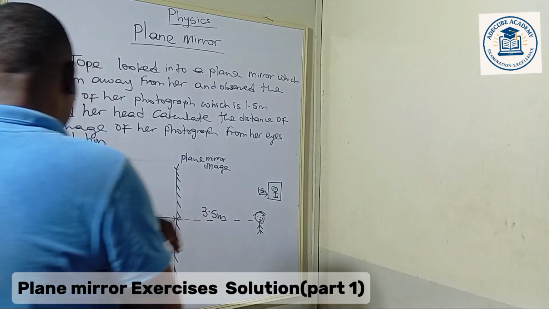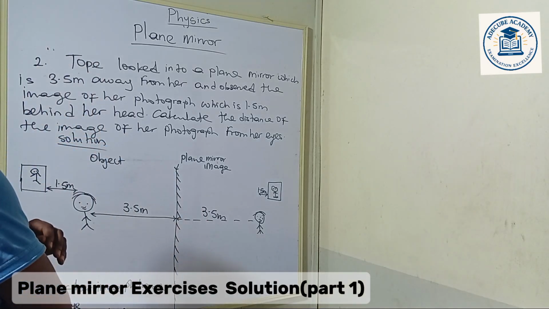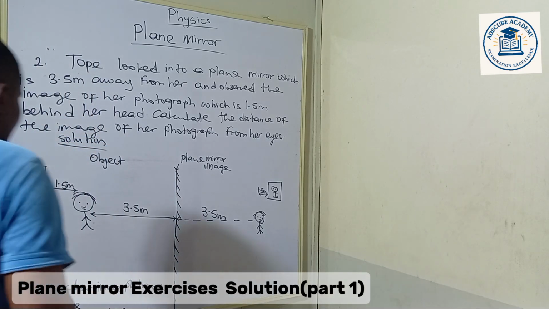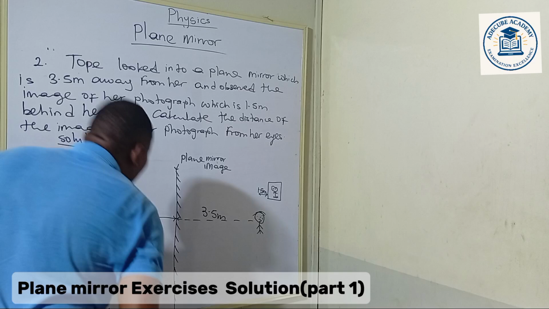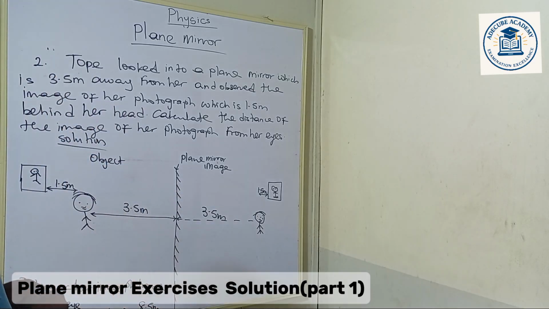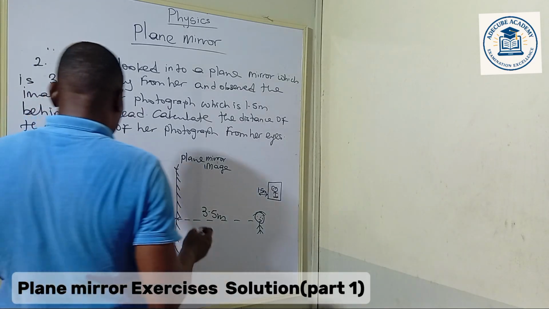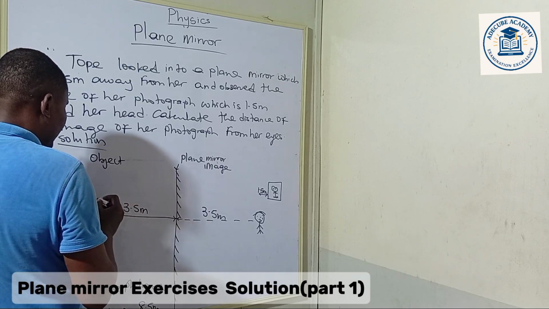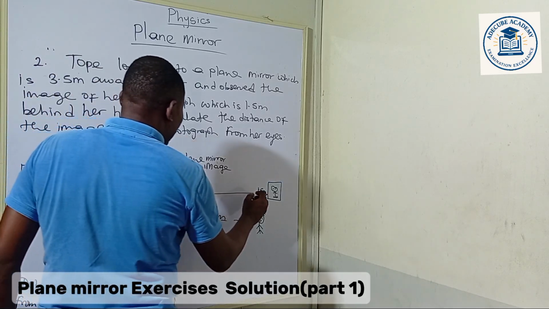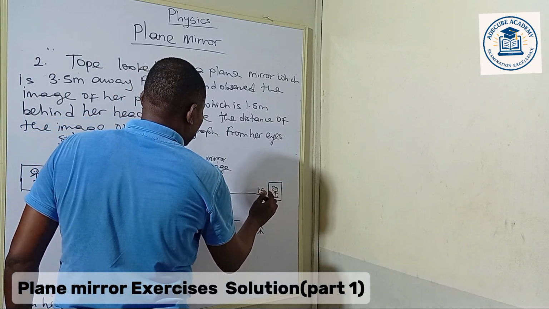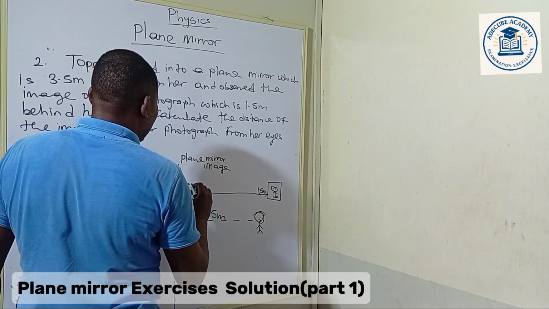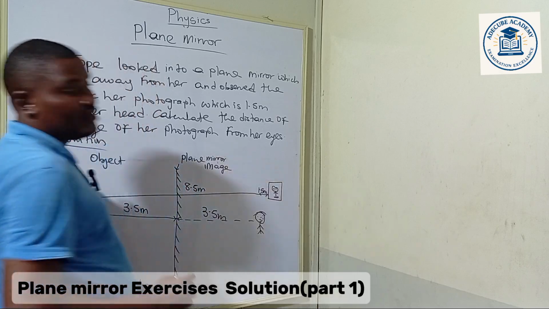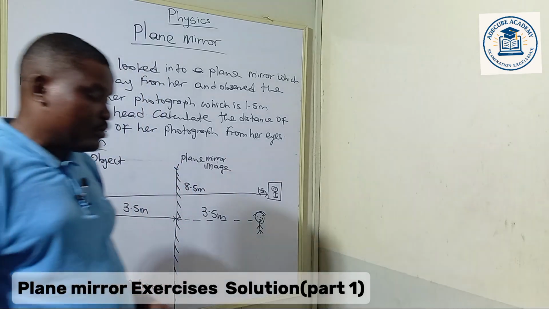So we add them together, and this gives us 8.5 meters. So it means that the distance from my eyes, from here straight down to this place, is 8.5 meters.